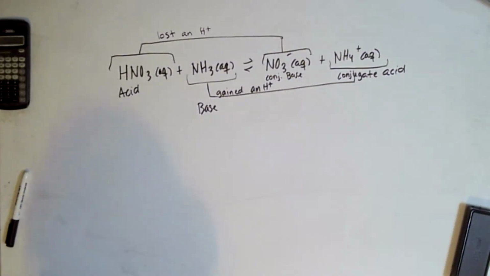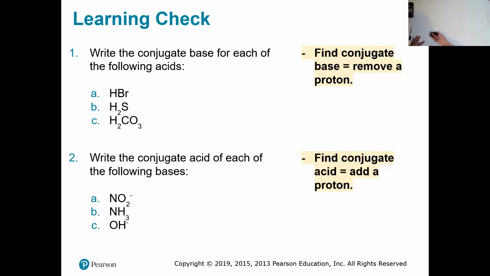Okay, for our next set of examples, they are asking us to find conjugates of these things. Let's share this first, and then we'll write down how to work this out.